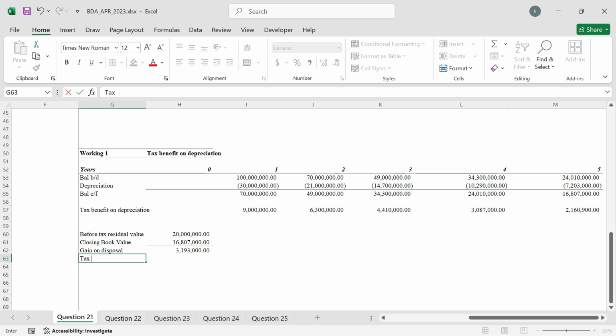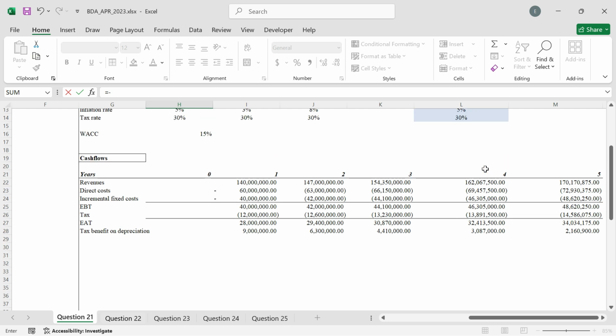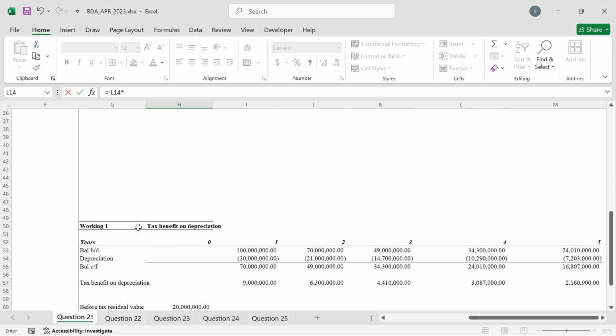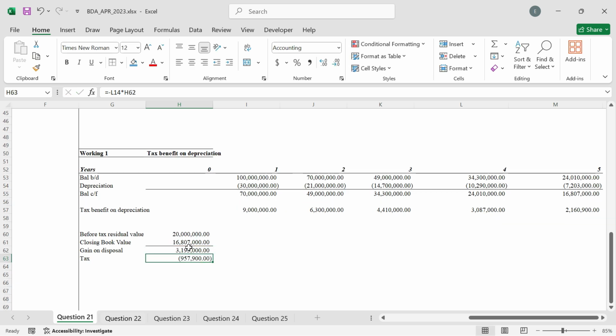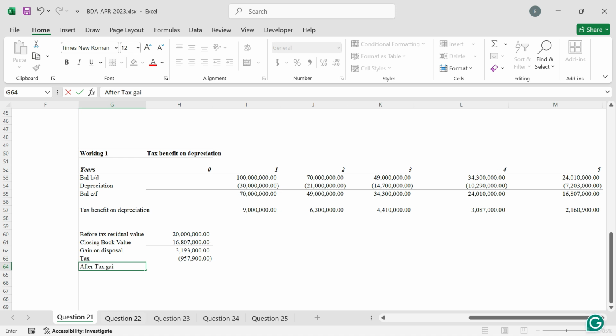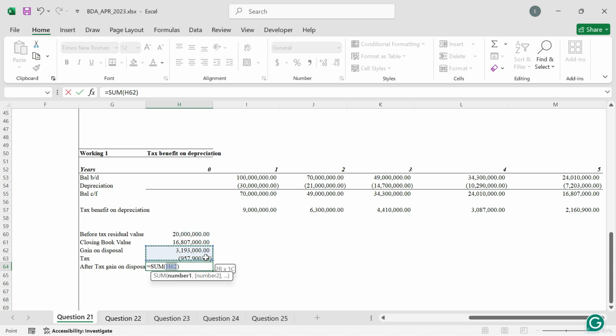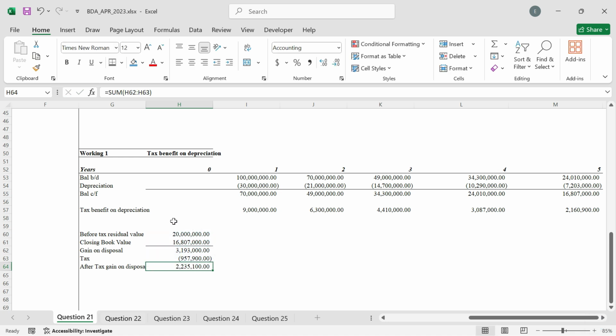This should be subjected to tax at a rate of 30%. So 30% of my gain, so that I can have my after tax gain on disposal, which would be the sum of these two being 2.235 million.